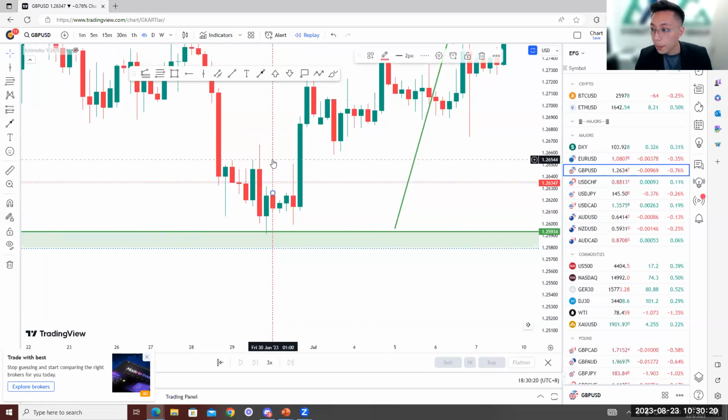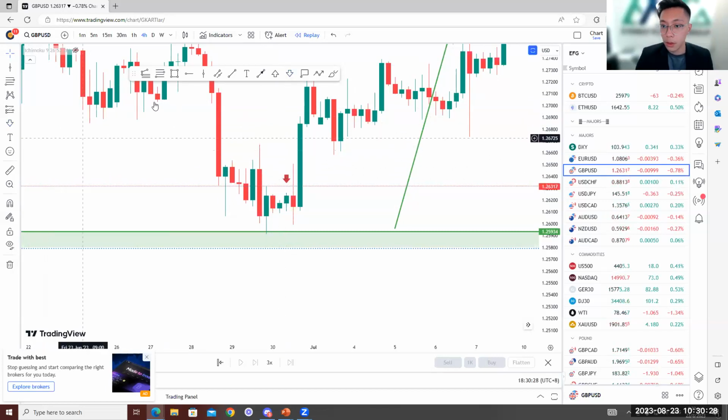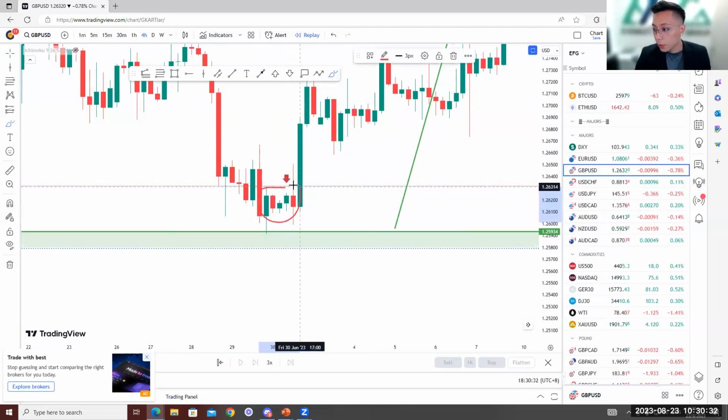Right? Let's say price is already here. This green candle over here. Then we can see we have a morning star pattern over here because bearish, bullish, bullish, right? So this, and this.